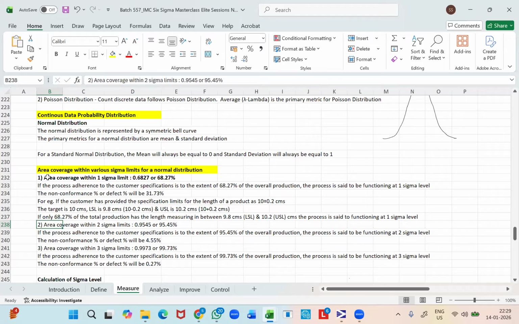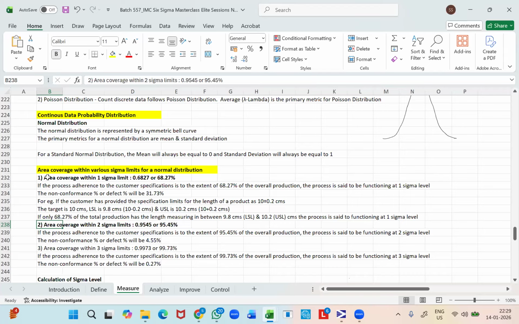So all those units which have a length outside the specification limits will be termed as non-conforming units or defects, right? So this is the explanation.